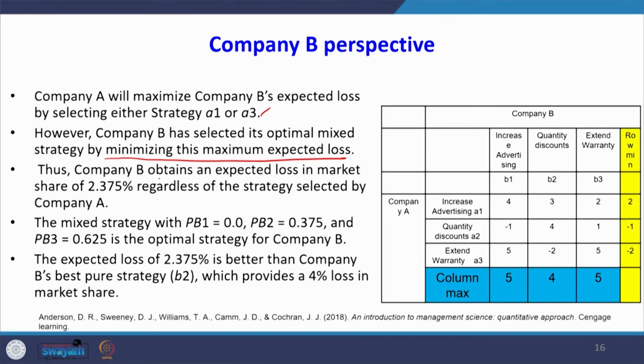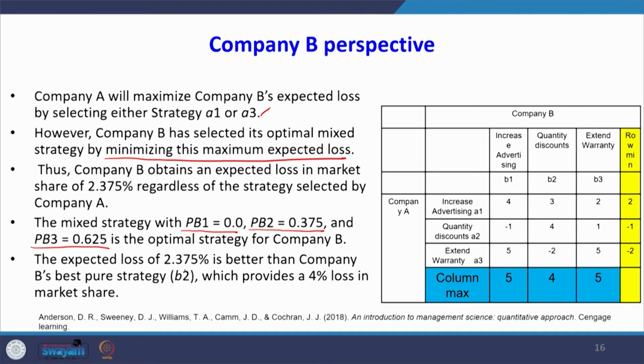Thus, company B obtains an expected loss in market share of 2.375 percentage points regardless of the strategy selected by company A. So, the mixed strategy we are recommending to company B is that they should not play the PB1 strategy. The PB2 strategy should be played 37.5 percent of the time. The PB3 strategy should be played 62.5 percent of the time.